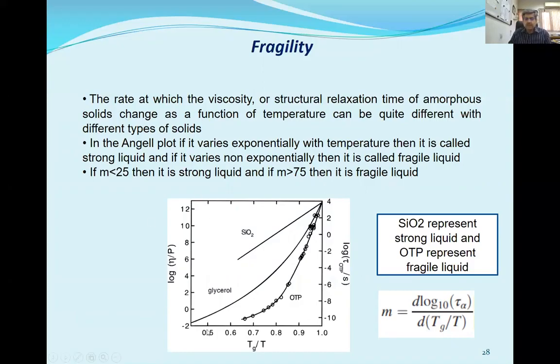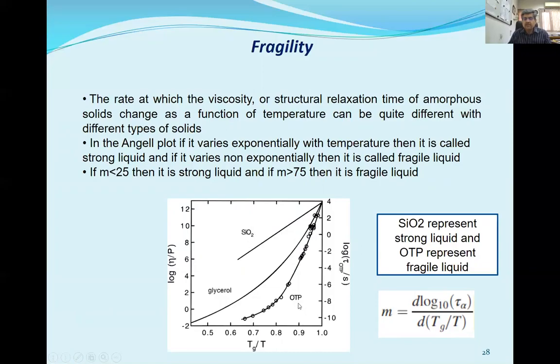This is one example of the Angell plot, and on the x-axis you have the glass transition temperature divided by the temperature, and on this axis you have the logarithm of the viscosity. So in the strong glasses there is an exponential decrease, and silicon dioxide is one example. There is a straight line that you get in this particular graph, and these are called strong liquids.